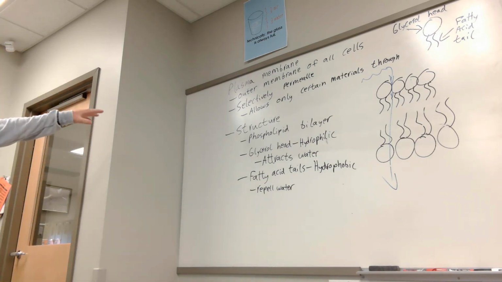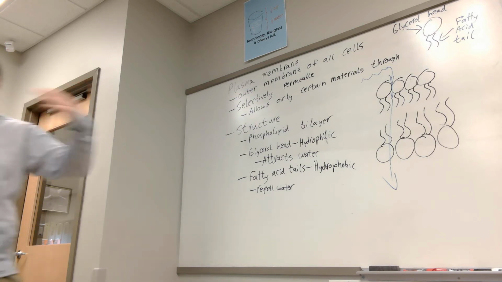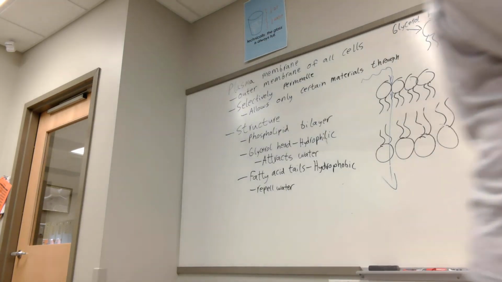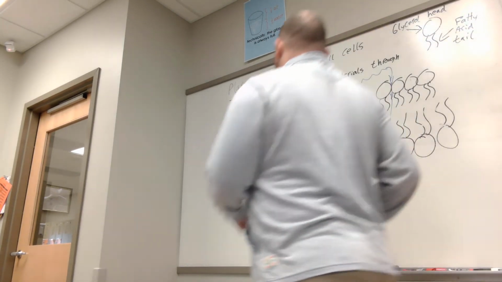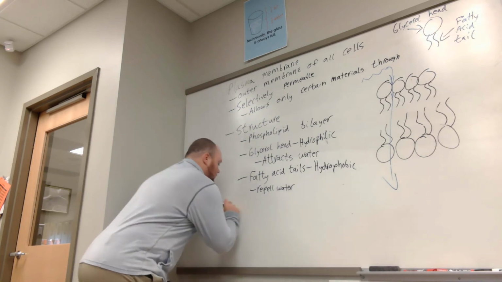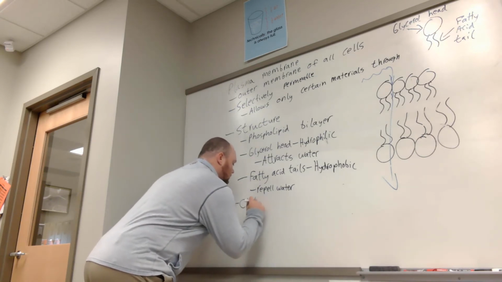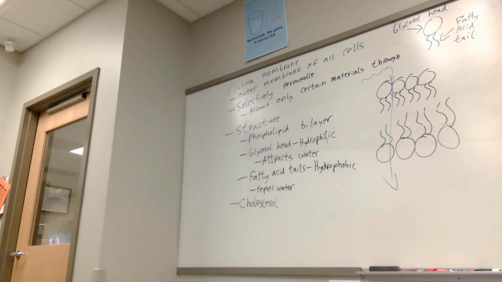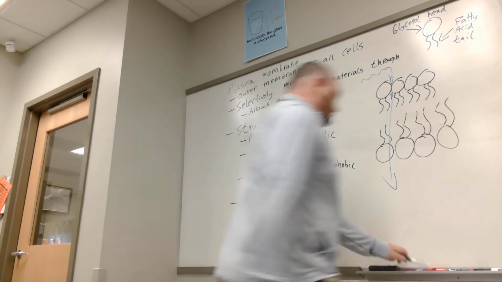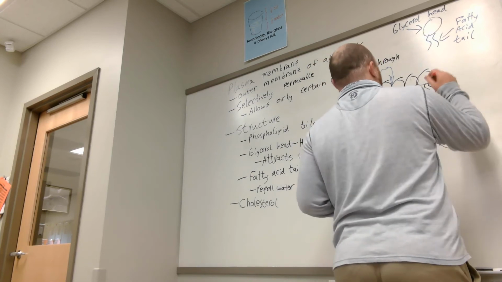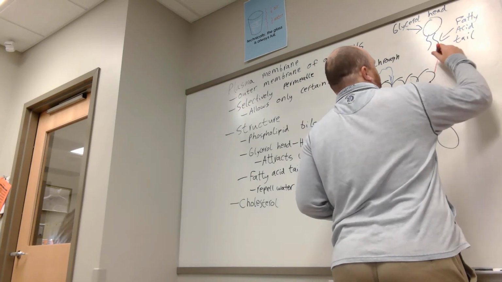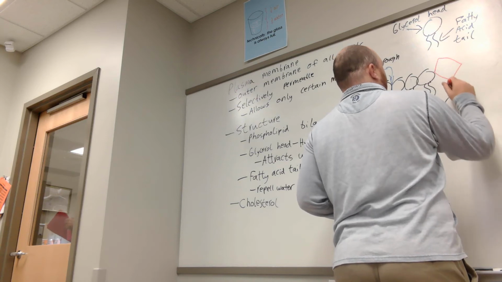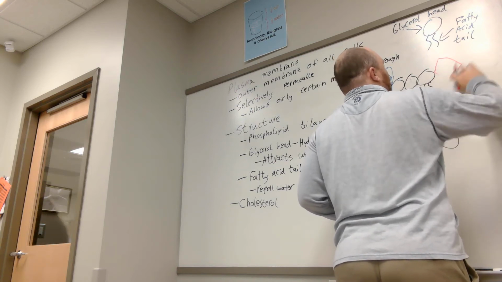So this is the most basic structure we've got, but there are a few other things in our plasma membrane. One thing that sits inside of this is cholesterol. I'll use a red one and just draw a box. Cholesterol is bigger than that.